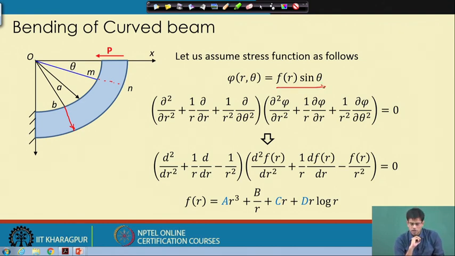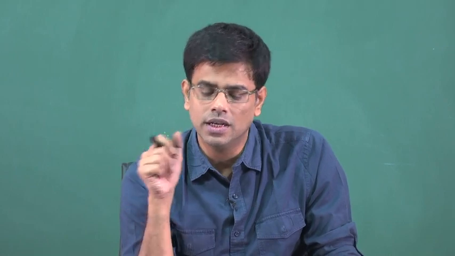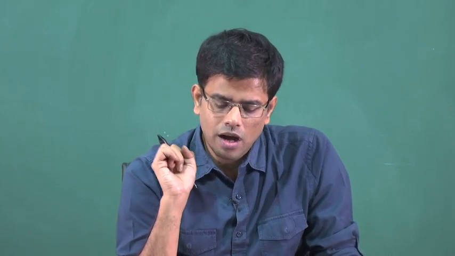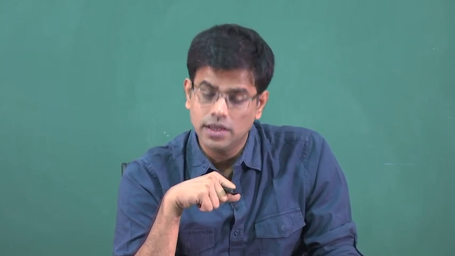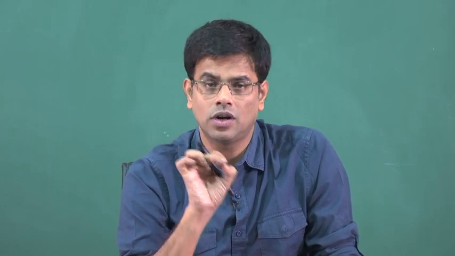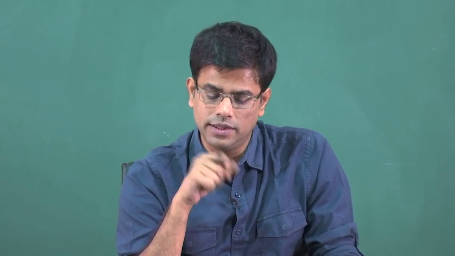This stress function is motivated by the strength of materials intuition, where the bending moment in a cross section varies with sin theta. So our phi is not only dependent on r, it is dependent on theta also: F(r) sin theta.